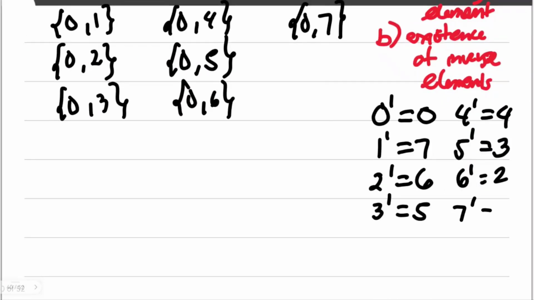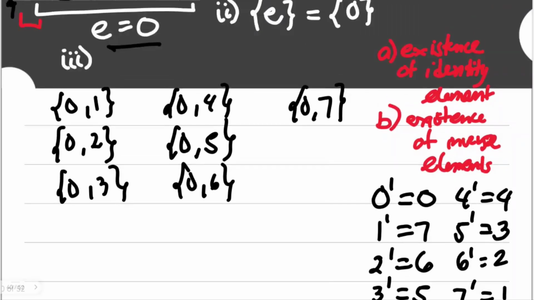So these are the corresponding inverses: 0 for 0, 7 for 1, 6 for 2, 5 for 3, 4 for 4, 3 for 5, 2 for 6, and 1 for 7. The point here is that when you look at these pairs of elements already containing the identity 0, we also need to determine whether the inverses are also found there. If the inverses are found there, we're also going to check the last portion, which is the closure property, to determine the subgroup.